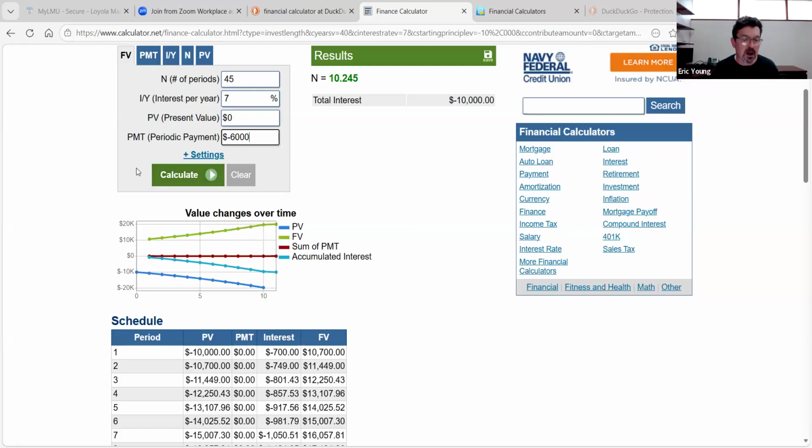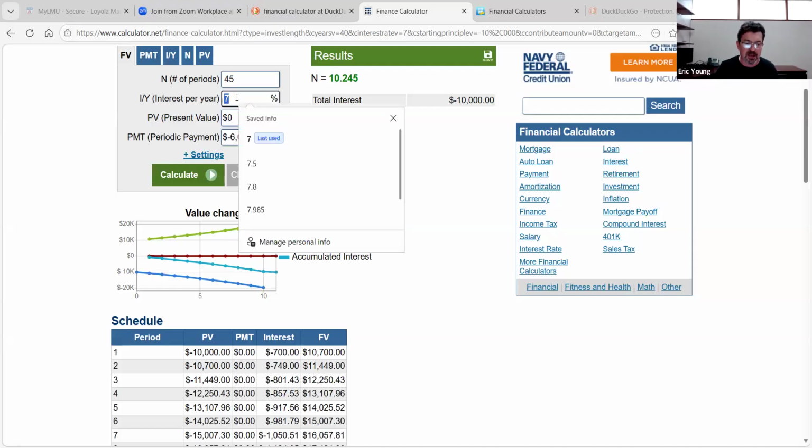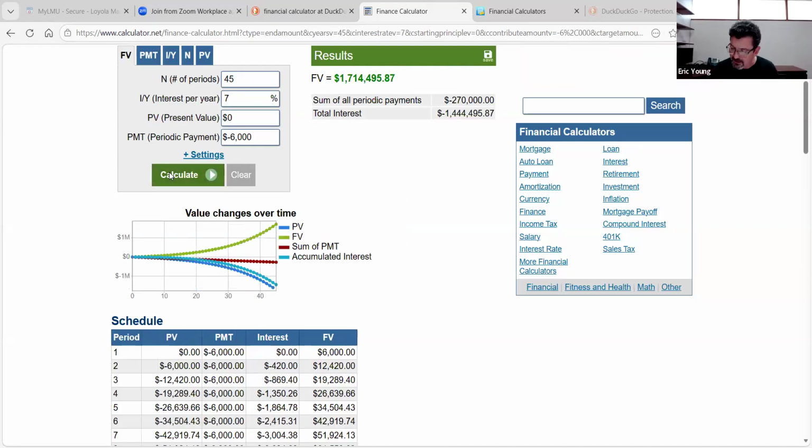We double check our entries and we're asking the software, hey, software, please tell me if I put $6,000 a year into an account for 45 years and that account pays and grows at 7%, what will I have? Hit calculate, and there you go.